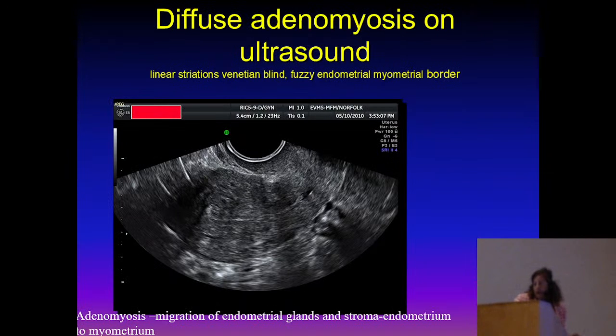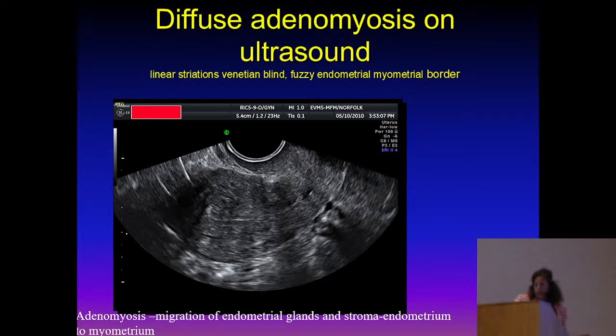So we're going to talk about adenomyosis. That is migration of the endometrial glands and stroma from the endometrium into the myometrium, and it's associated with smooth muscle hyperplasia. So you have asymmetrically enlarged fundus.